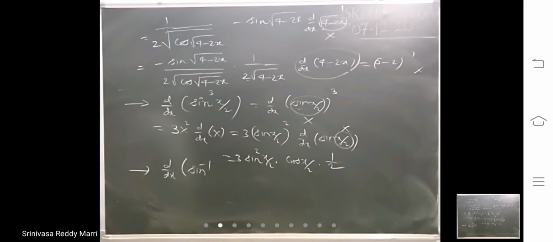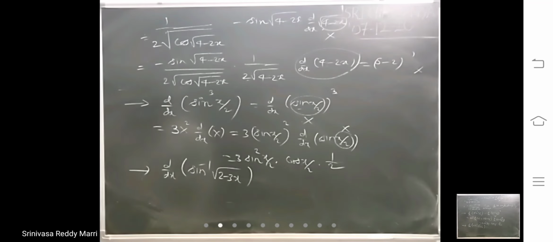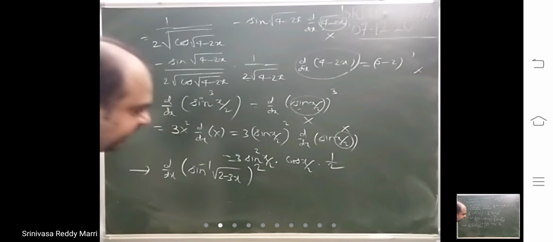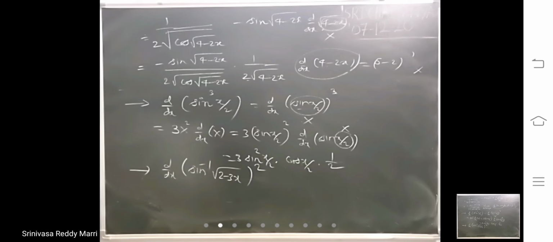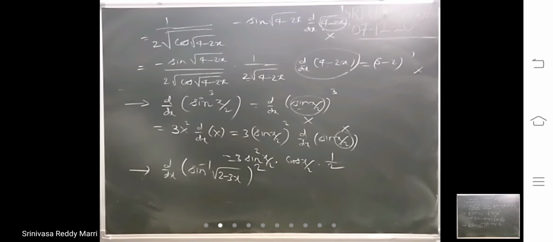d by dx of sine inverse root of 2 minus 3x whole square. d by dx of sine inverse root of 2 minus 3x whole square. Now power number is there, inside variable is there.